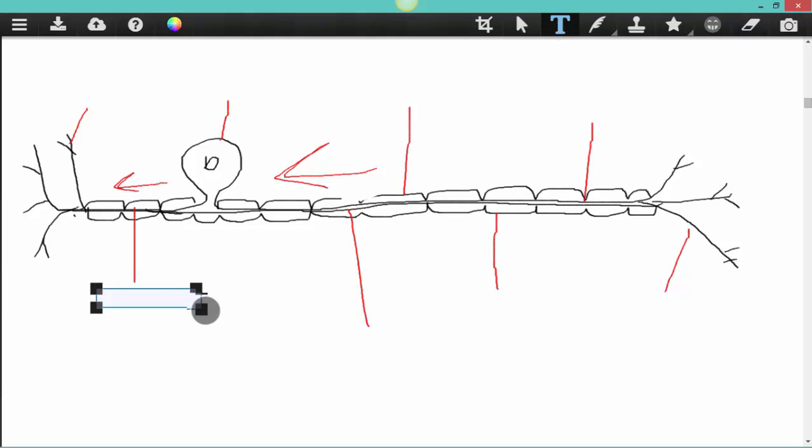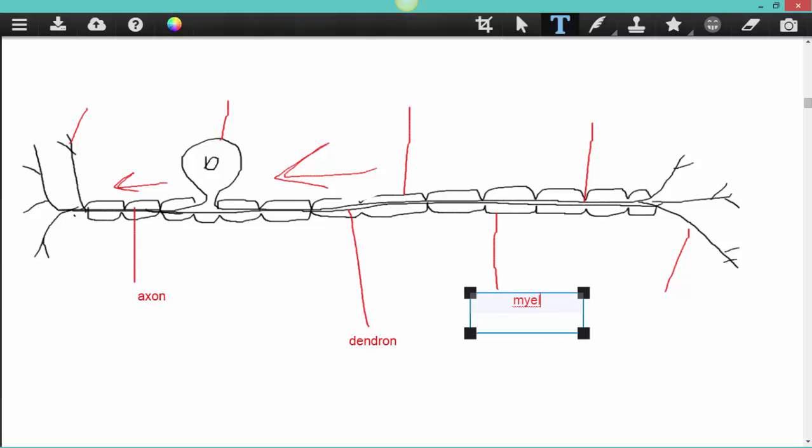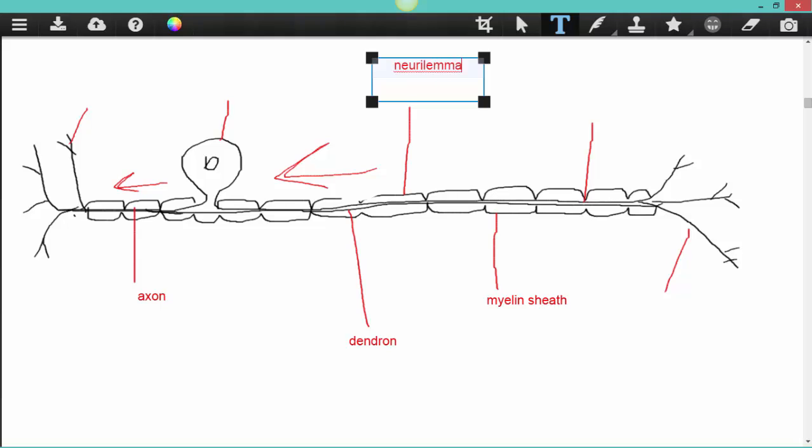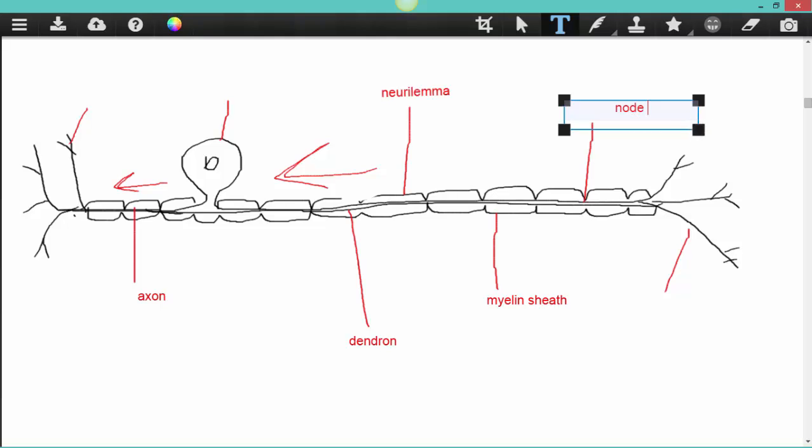So this is the axon. This is the dendron. This would be the myelin sheath. This neurolemma. Move right here.